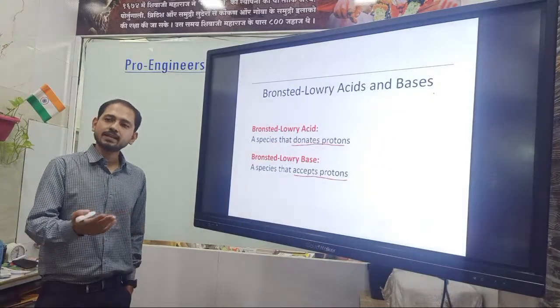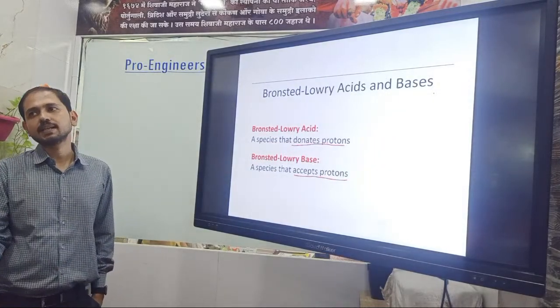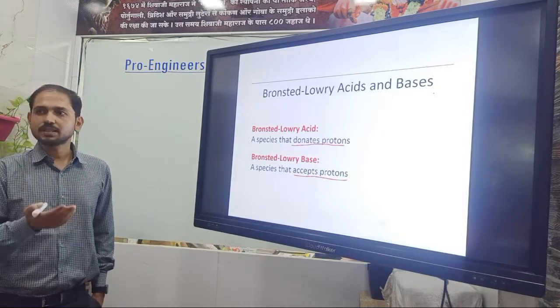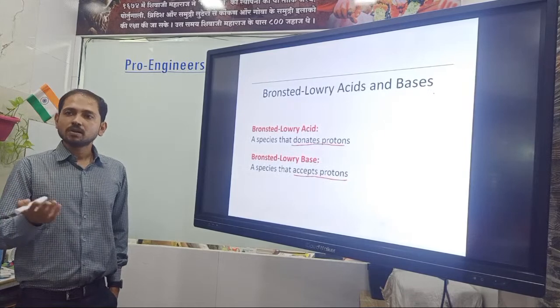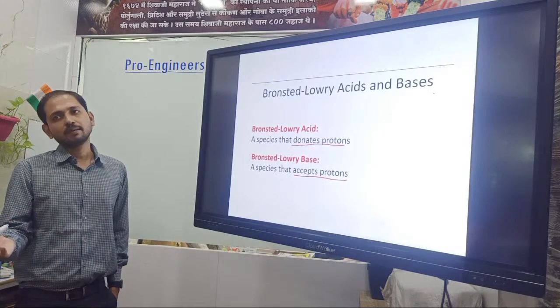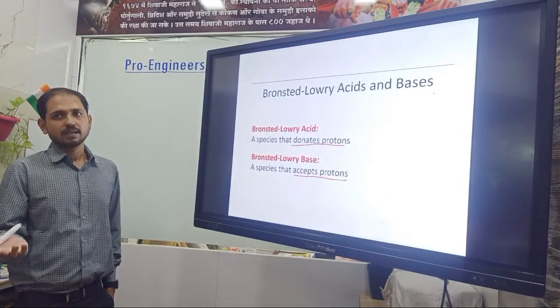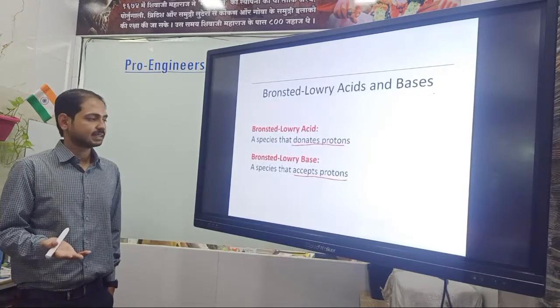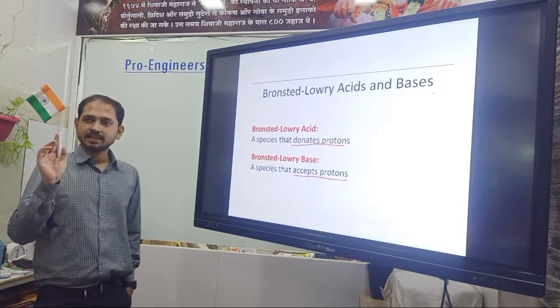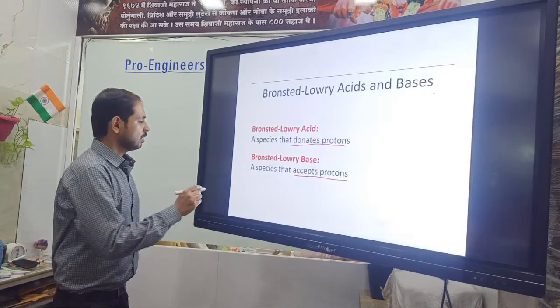Arrhenius acids are also considered Bronsted acids because they give H+. So Arrhenius acids are also Bronsted acids. But the concept changes in case of bases.